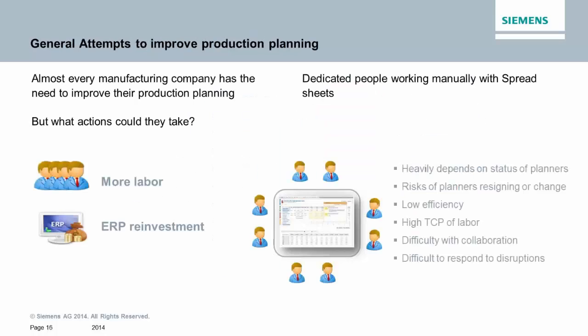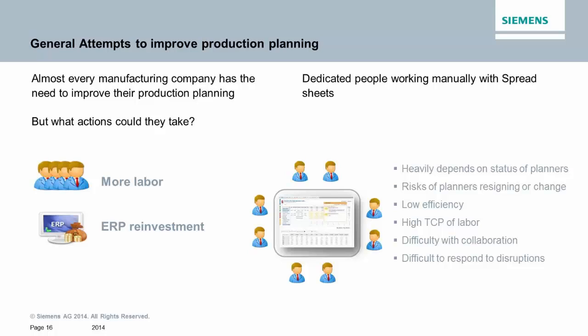Well, it's common for, as things get more complex, to just hire more planners to do the work. Coordinating between those planners becomes complex, and there are limitations. Not only do you have the cost of labor, but there's limitations to just throwing more labor at that process and keeping it as a manual process.